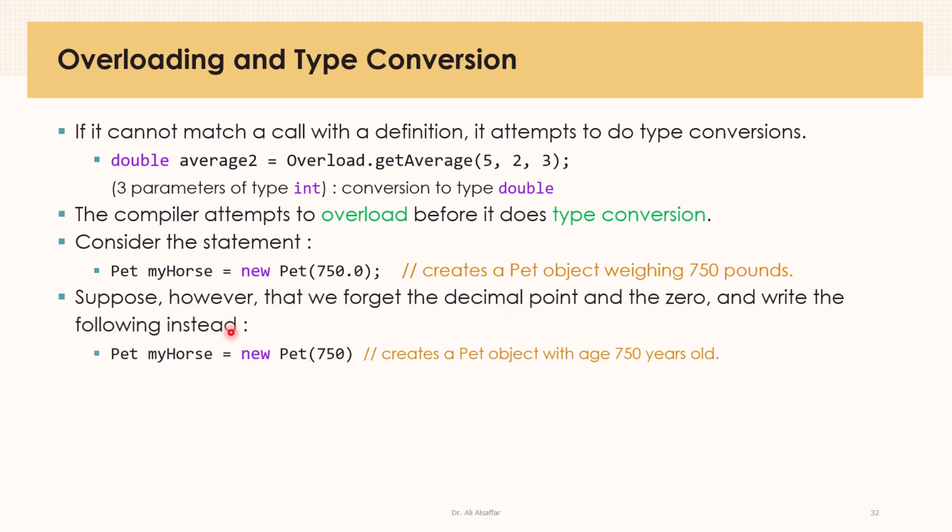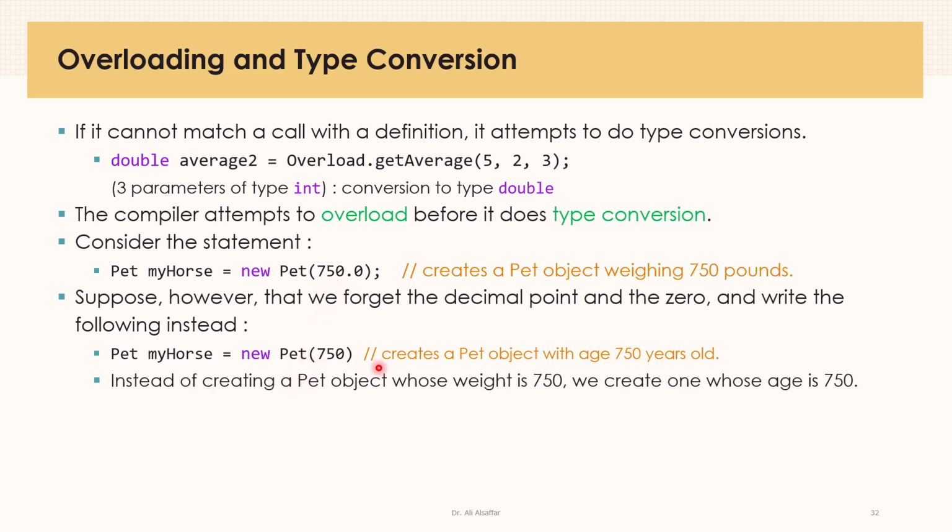Suppose by mistake, however, we forget the decimal point and the 0 in the input parameter. So instead of writing 750.0, we have written 750. Then what will happen? Instead of creating a pet object whose weight is 750, we create one whose age is 750.